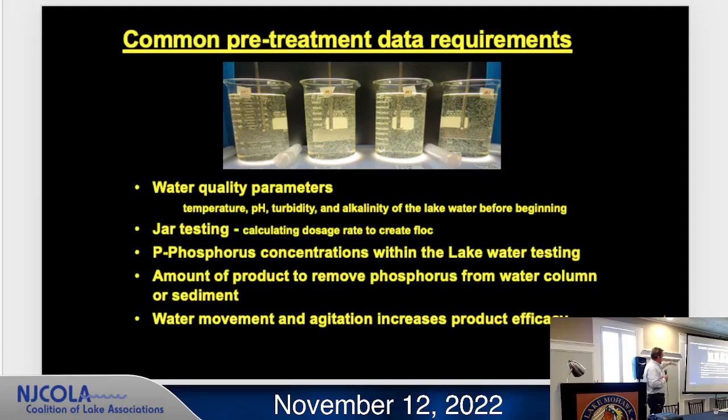We also want to get our phosphorus levels in our lake. Our free reactive phosphorus, orthophosphorus as it's also called. Total phosphorus is important, but really the free reactive is what we're trying to address, because that is what the plants are going to grab and use.